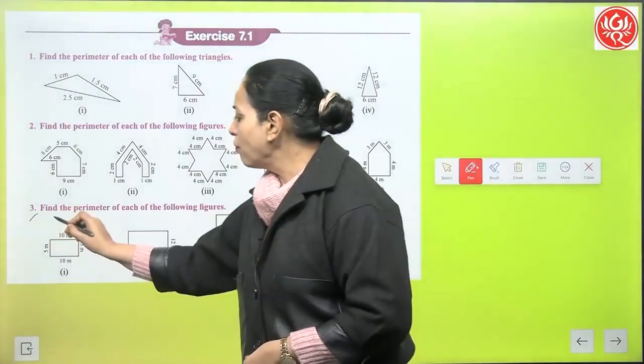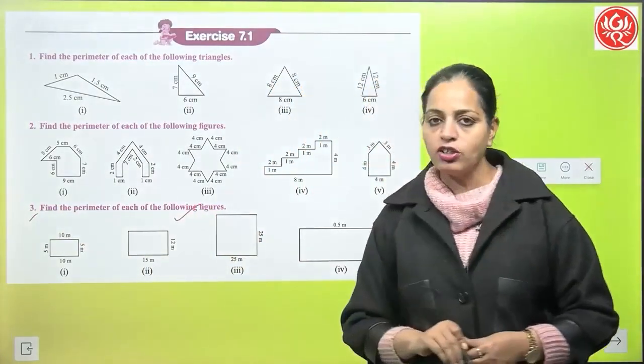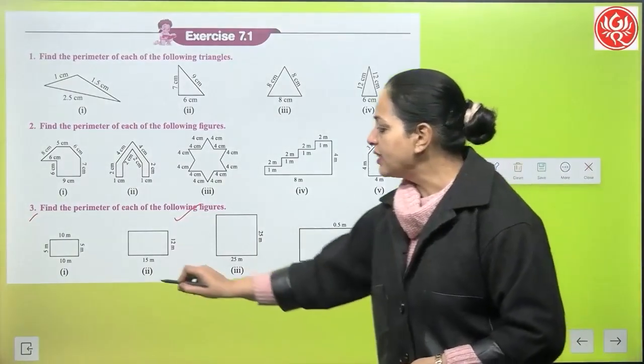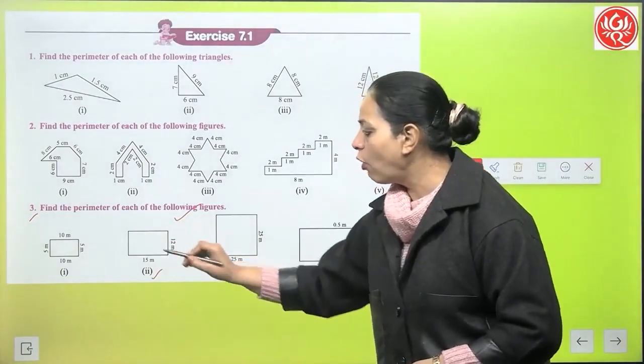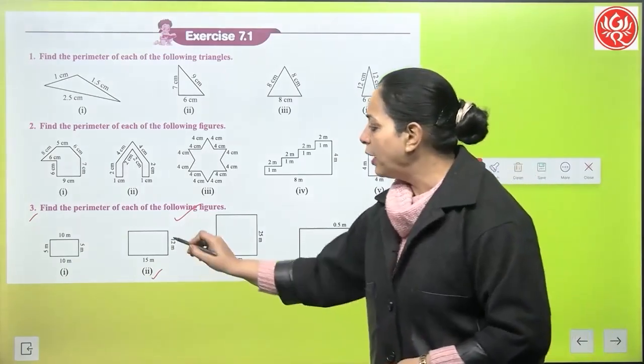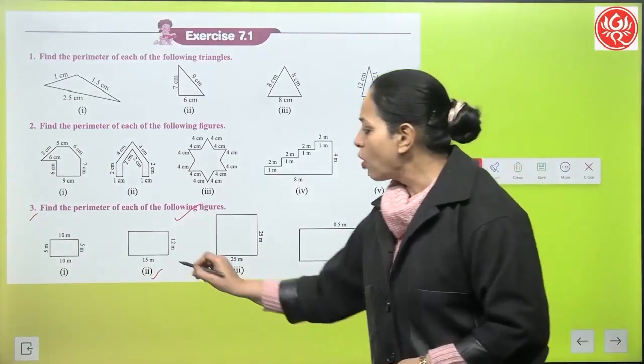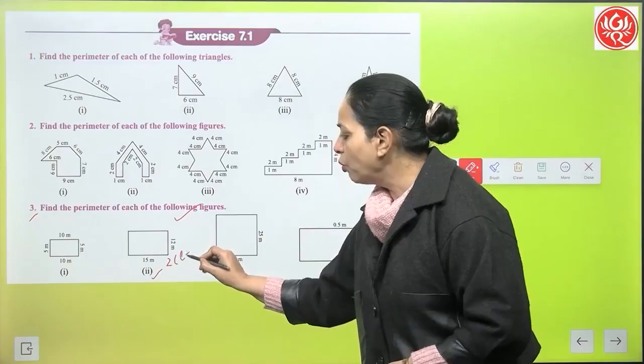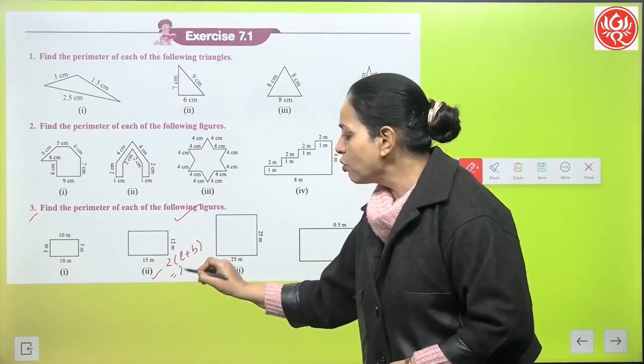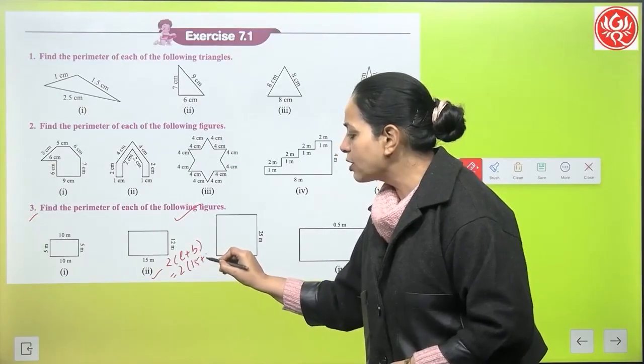Now the third question, find the perimeter of each of the following figures. Like second part, it's a rectangle of length 15 meter and breadth 12 meter. So how can we find it out? 2 into L plus B, 2 into 15 plus 12.